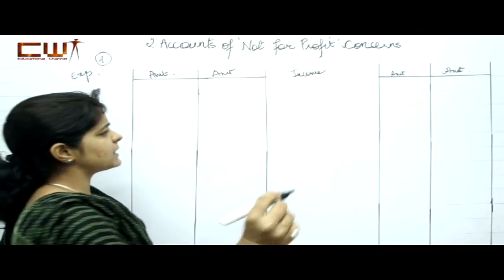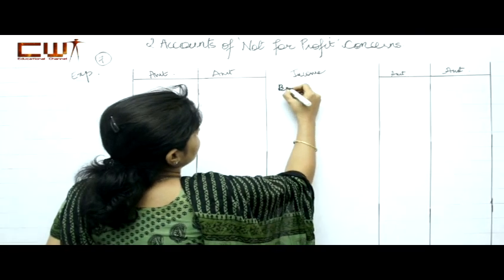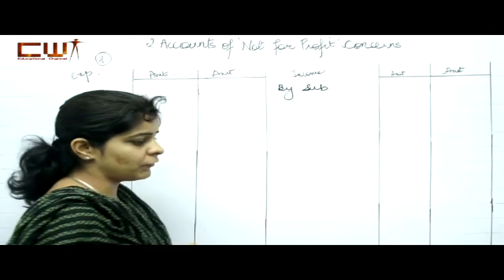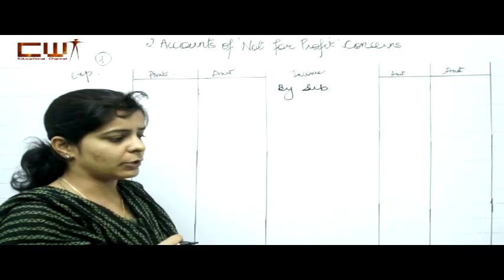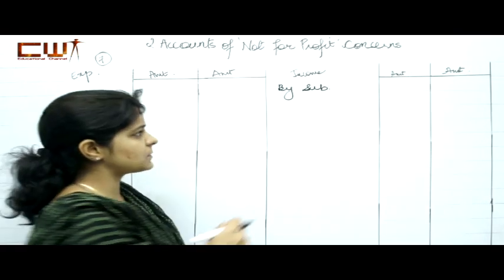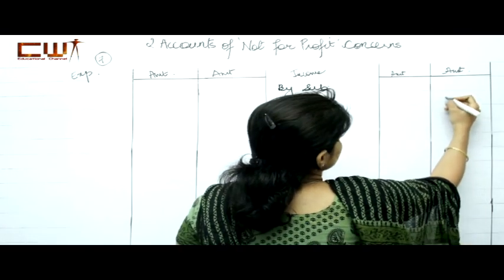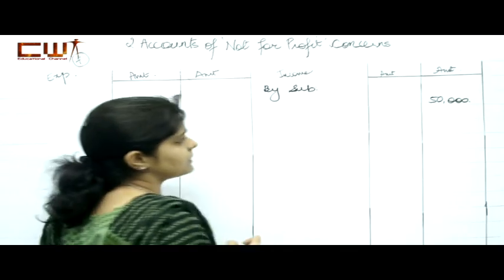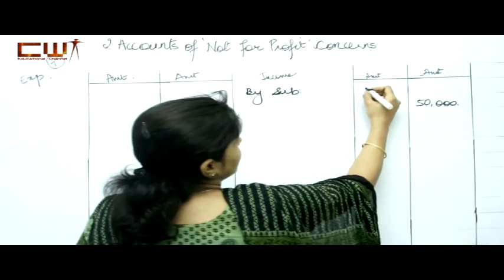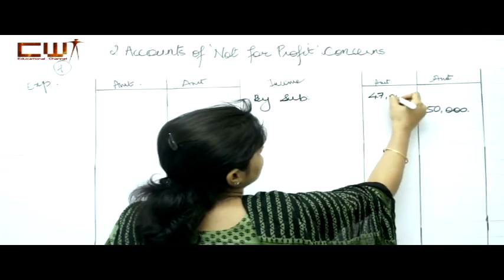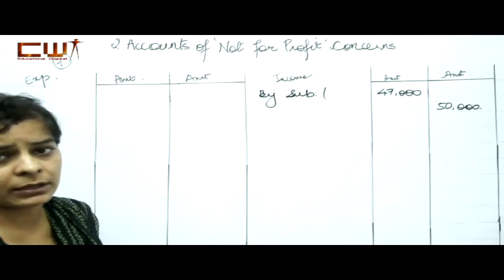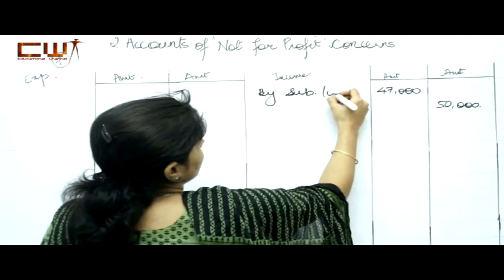See, for the income side first, we will write subscription that is given to us. Now see, there are 250 members and they are paying 220 each. So the total subscription that should be received should be how much? 50,000, right? But in the receipt and payment account, they say that they have received only 47,000 for the particular year, that means 2009-10.